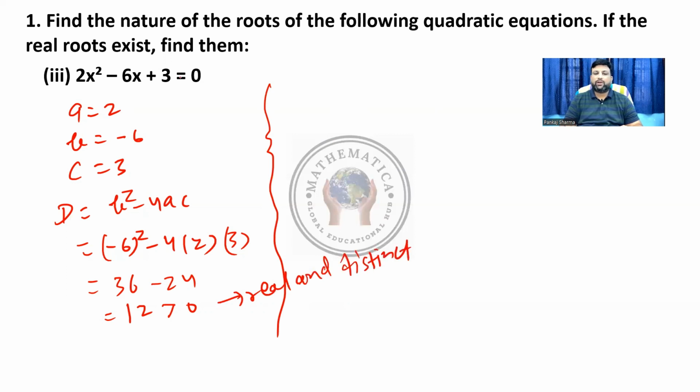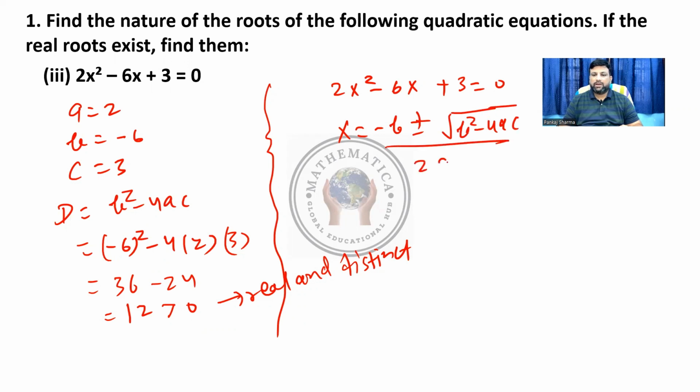Now we can find these roots. Here 2x² − 6x + 3 = 0. Either we can apply the quadratic formula or the factorization method. We will apply the quadratic formula. Everybody knows the quadratic formula: x is equal to −b ± √(b² − 4ac) divided by 2a.